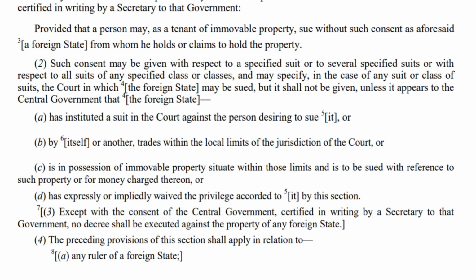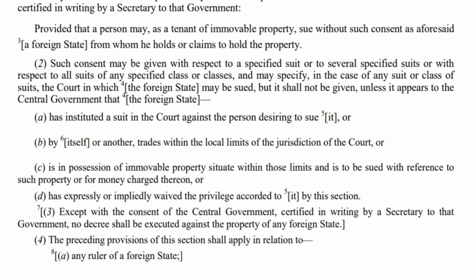So to prevent that or to create an issue, I am trying to file a case against you. In that case, this consent cannot be given. Now let us move to the next point, which is point B. If this foreign state, or through any other person, is doing a trade within the local limits of the jurisdiction of the court, in that case also consent will not be given.